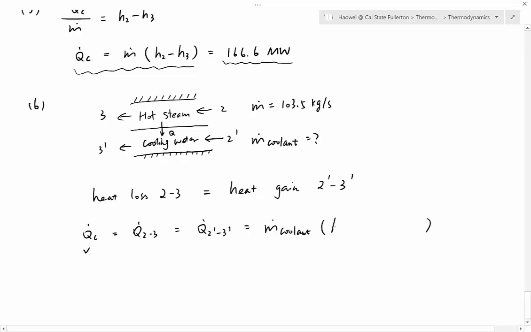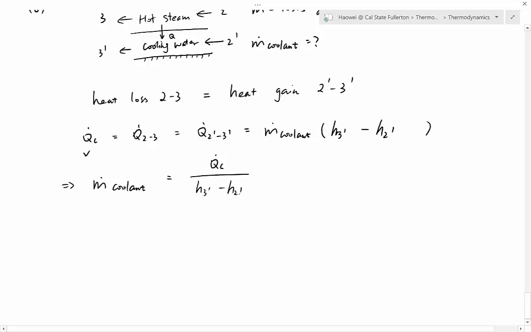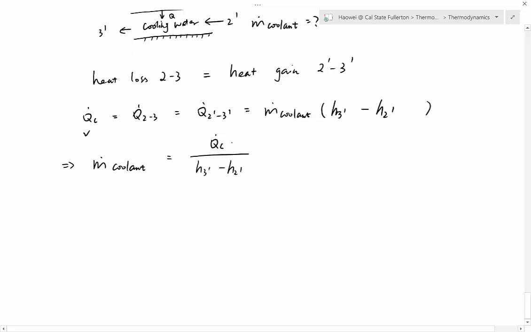So H3 prime must be bigger, and we use H3 prime minus H2 prime. Now we can rewrite this equation to m dot coolant equal to Q dot C over H3 prime minus H2 prime. Q dot C is found already, so we just need to find H3 prime and H2 prime.